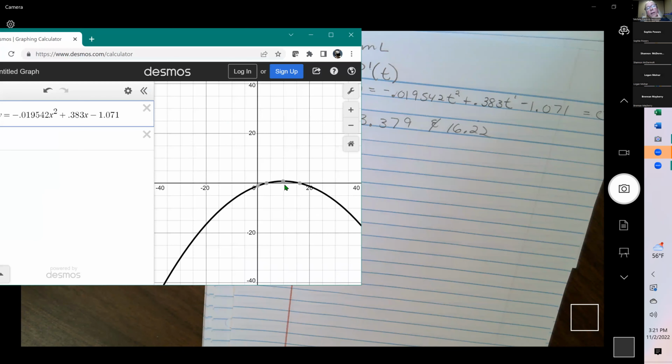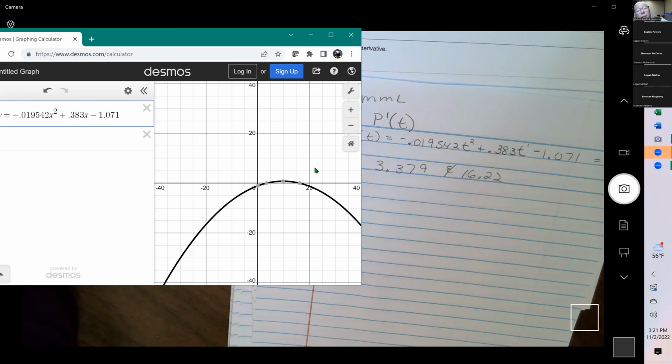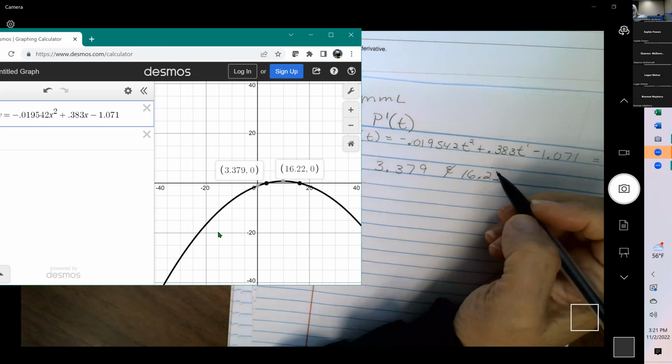So it's another way of finding your critical numbers, because instead of using the quadratic formula, we're just looking at the graph. Does the same thing. Just make sure you're only taking where it hits the x-axis, because y is 0. So this would be your critical numbers.